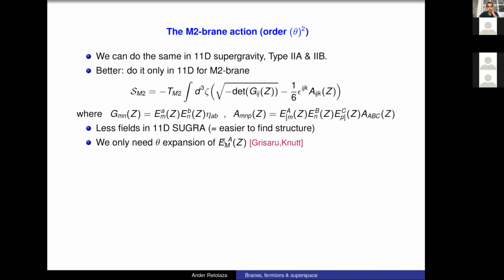So what this means is that if you know the theta expansion of the super vielbein in 11 dimensions, then you already know the theta expansion of the M2 brane action.